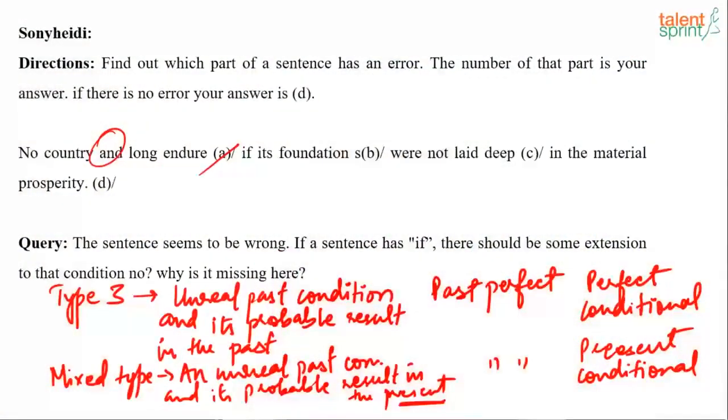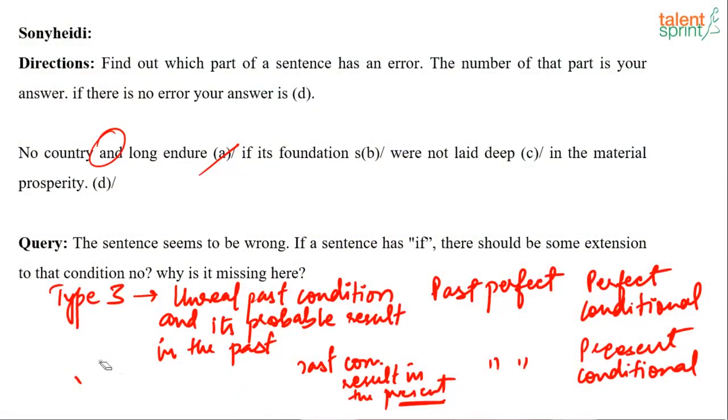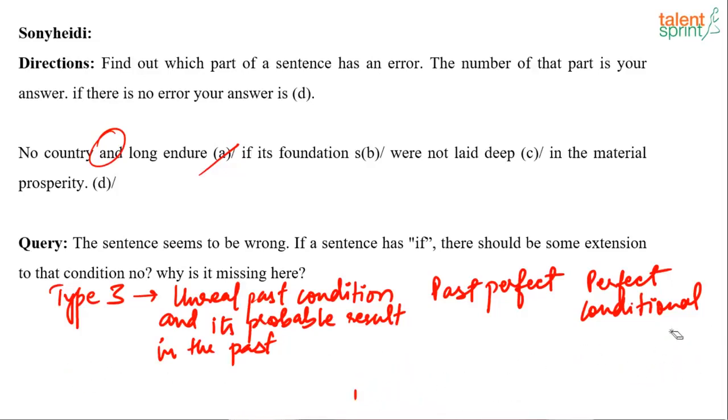That is the difference between mixed type and type 3: in mixed type the condition is in the past and the result is in the present. Let's look at the examples of type 3.